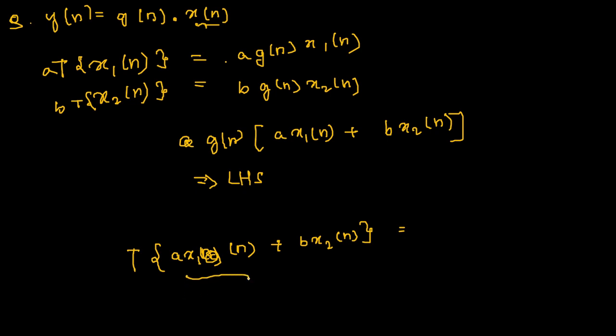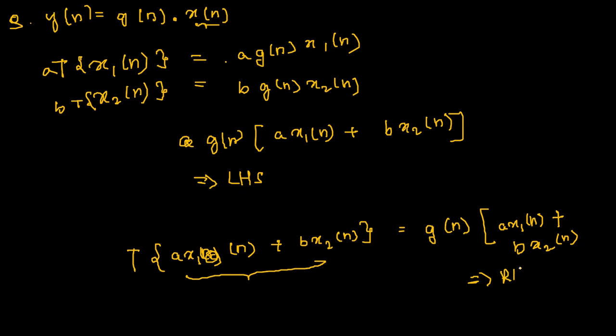So here the input function is A x1 of n plus B x2 of n. So I write g of n into A x1 of n plus B x2 of n. So this is the RHS. Like you can see here, the LHS and RHS are equal. So we can say that LHS is equal to RHS. Therefore, it's a linear system.